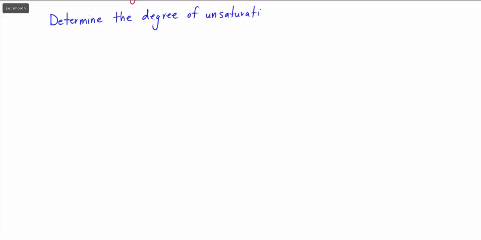Let's say determine the degree of unsaturation given the following structure.